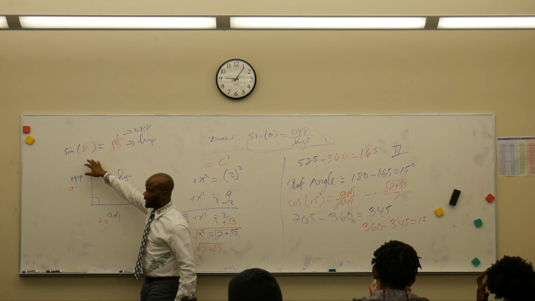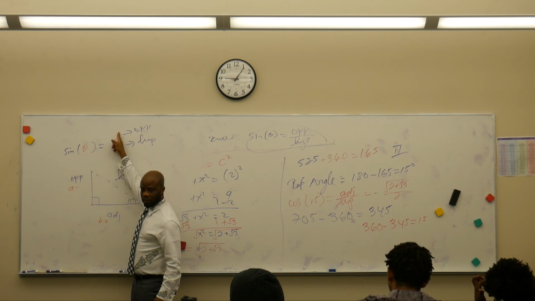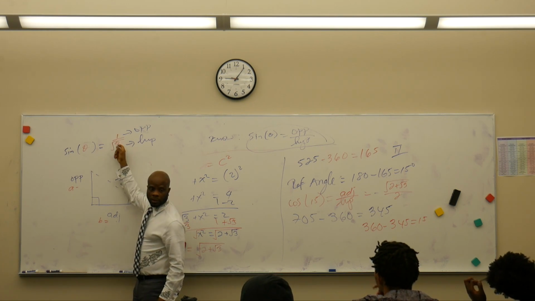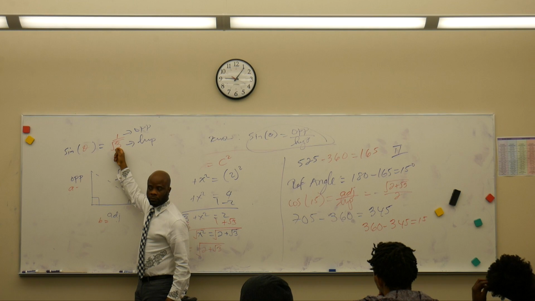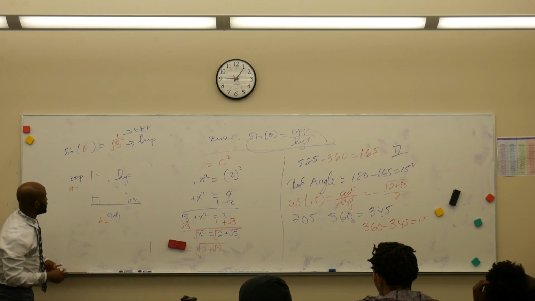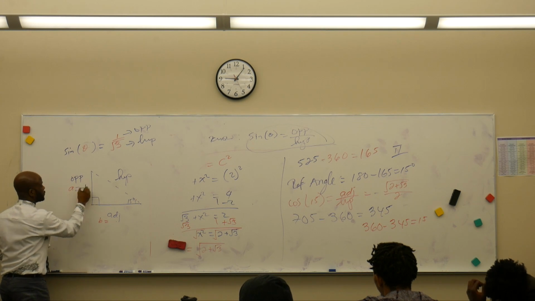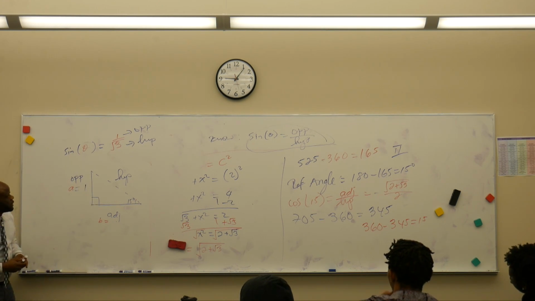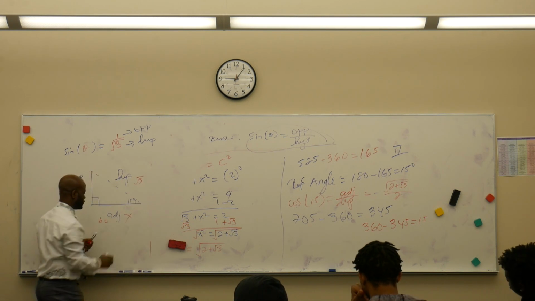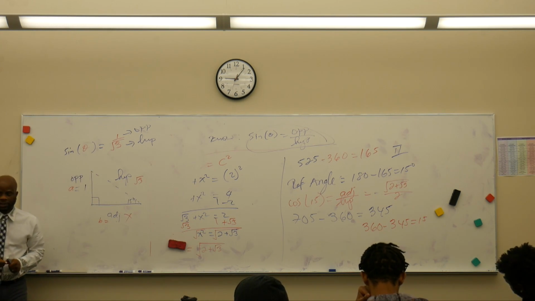If this was cosine, then I have the adjacent. That's the CAH in SOHCAHTOA. And the hypotenuse. Okay? So I get to come here and say, well, this is the opposite side, so that's 1. This is the hypotenuse, so that's the root of 3. I do not know this. See that?